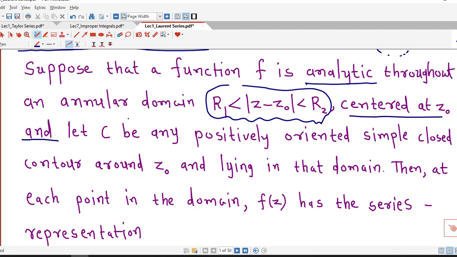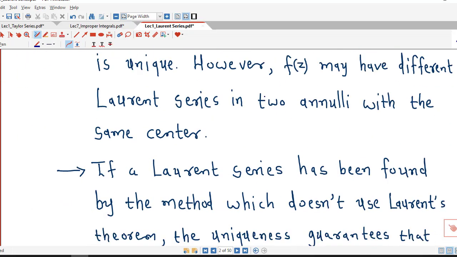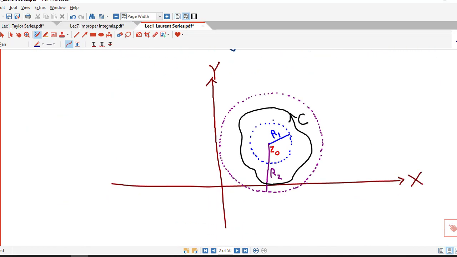So annular domain means the region between two circles with the same center z0 and with different radii, which I have shown here. If we observe here, this is the center z0, this is the circle with center z0 and radius r1, and this is the circle with center z0 and radius r2.